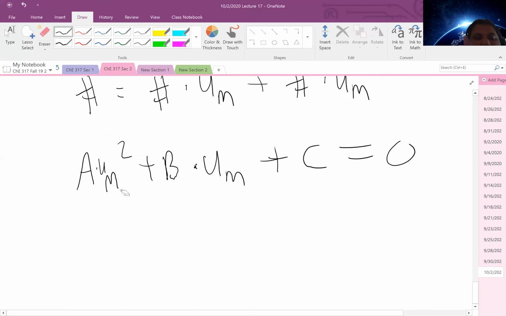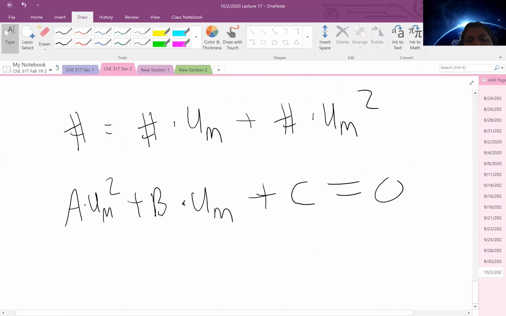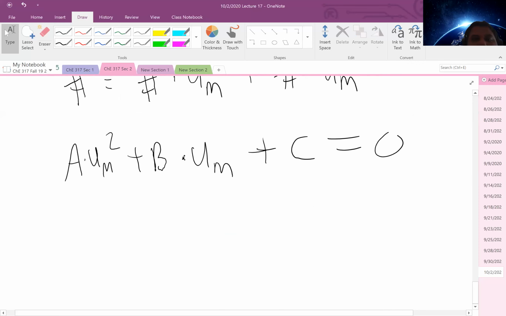And so solving for your minimum fluidization velocity results in a quadratic equation that must be solved.